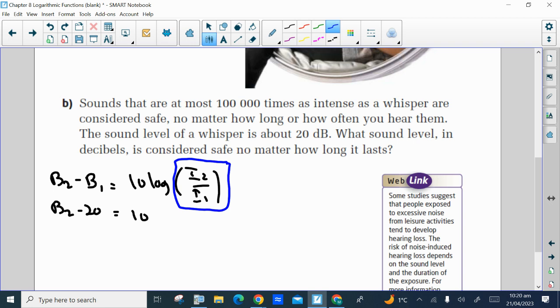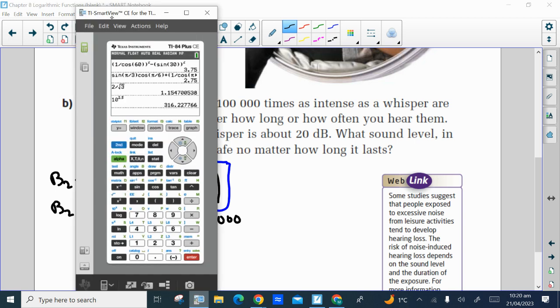In this case, we're told what that number is, the fact that we're looking for a sound that is 100,000 times more intense than the sound of the whisper. So we're given I sub 2 over I sub 1. It is 100,000.